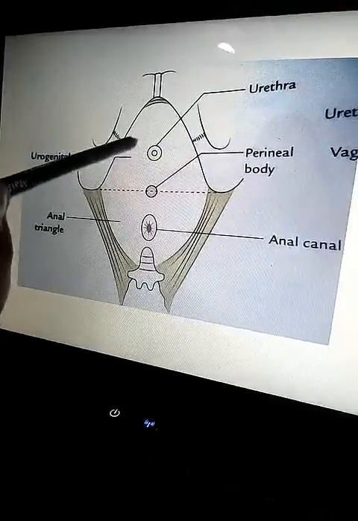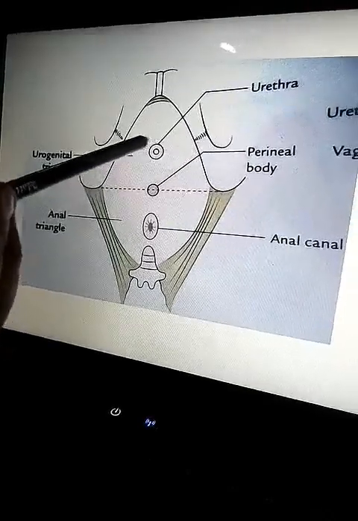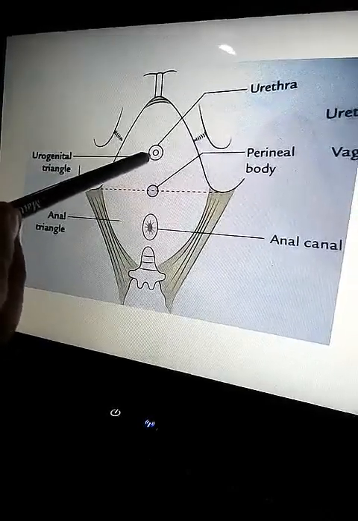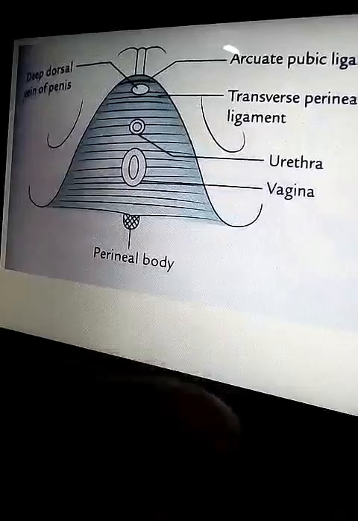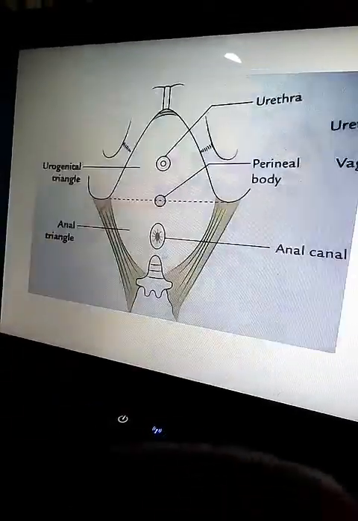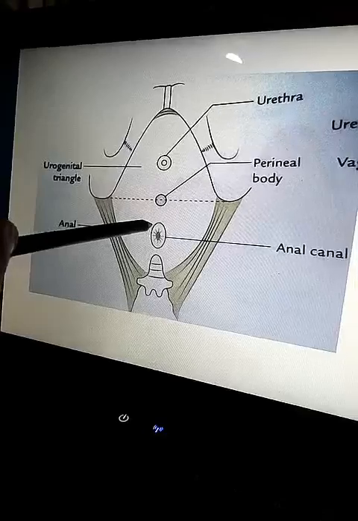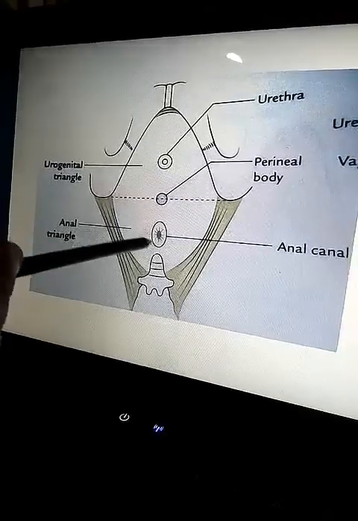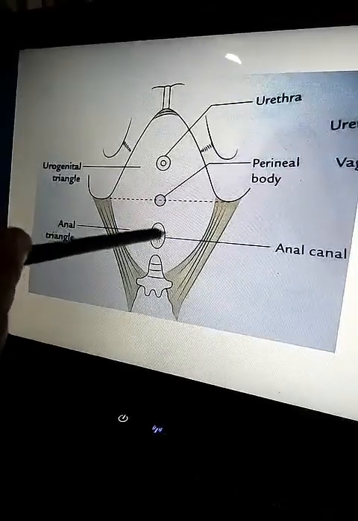The urogenital triangle is traversed by the urethra in the male, and the urethra and vagina in the female, while the anal triangle is traversed by the anal canal in both males and females.